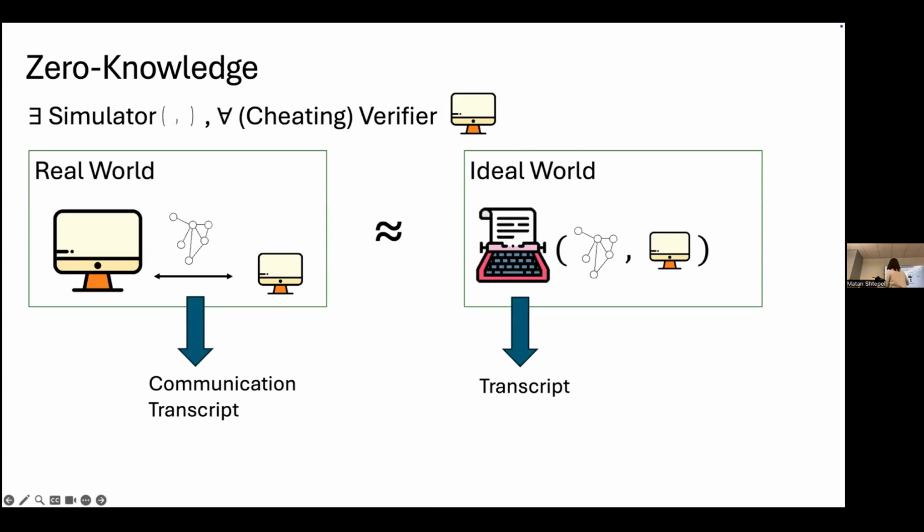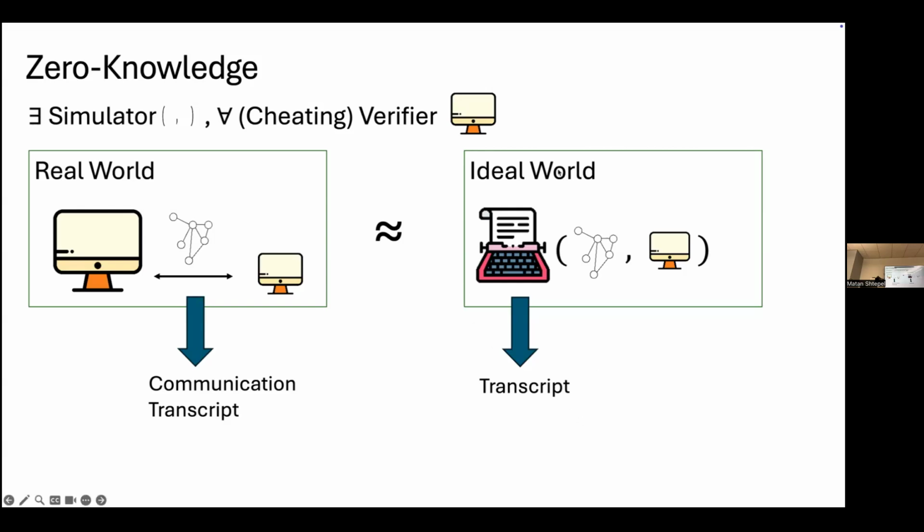So how do we more formally define the zero-knowledge property? We want to define it through a simulation-based definition. There is a real world where a prover and a verifier interact, and they would output a communication transcript that shows the messages we exchanged in our protocol.